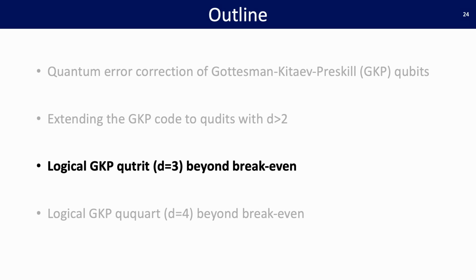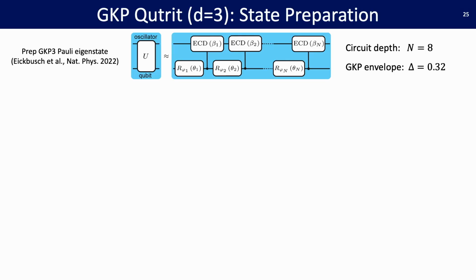Great, so next I want to tell you about our experiments and realizing a beyond break-even error-corrected logical qutrit. State preparation is fairly straightforward, since we have universal control of our oscillator by interleaving sequences of qubit rotations and conditional displacements.